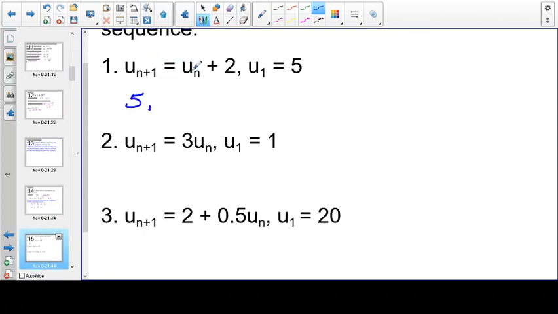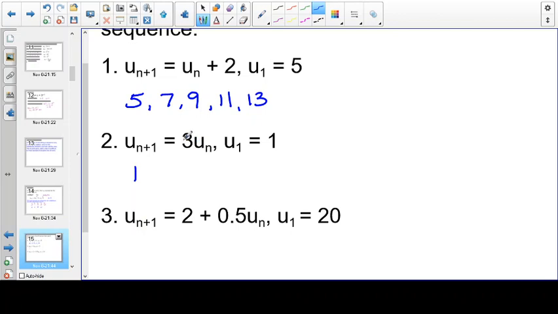Each term is the previous term plus 2. So the previous term plus 2, the previous term plus 2, plus 2, plus 2. So this one is a recurrence relation that is describing a linear sequence. This one starts with 1.